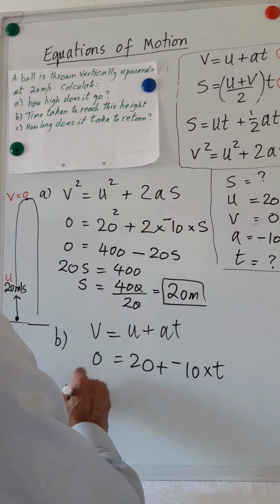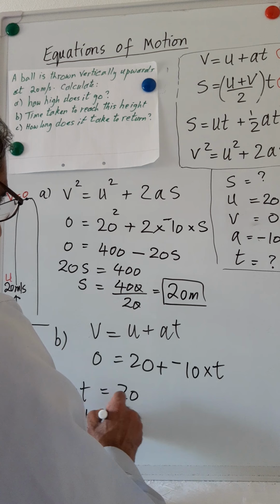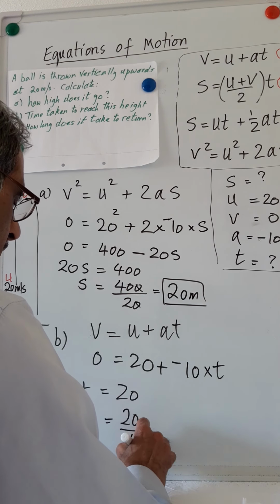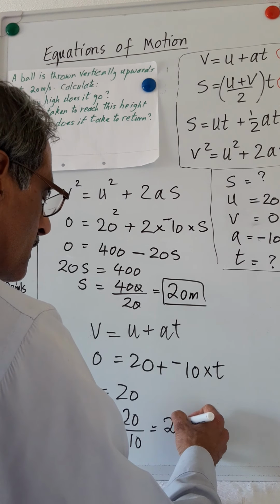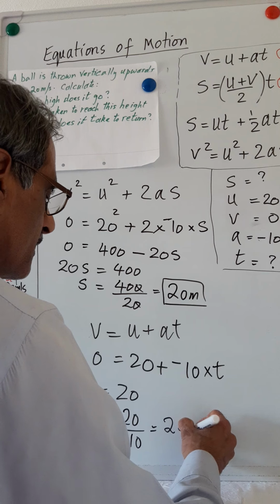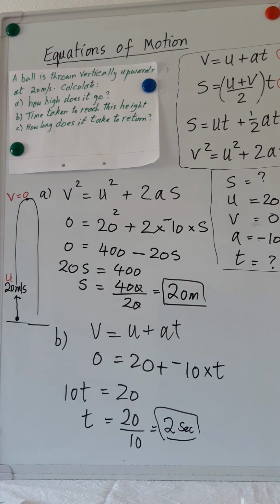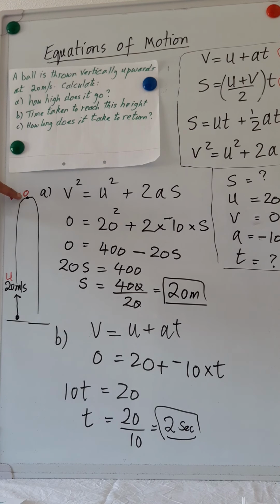That will become 10t equals 20. So t is equal to 20 divided by 10, which is 2 seconds. So the time is 2 seconds. For it to go up there, it takes 2 seconds.